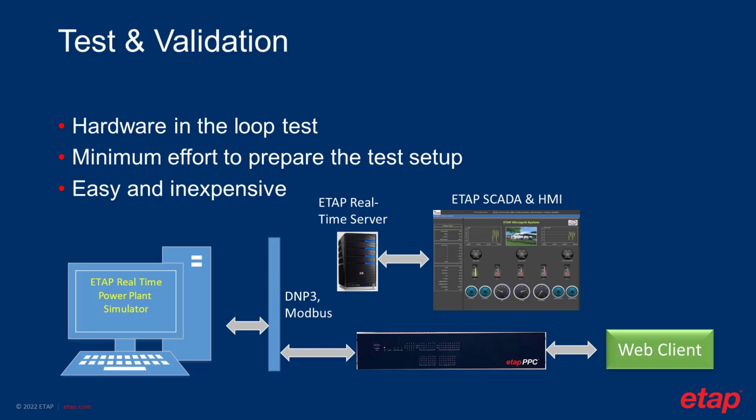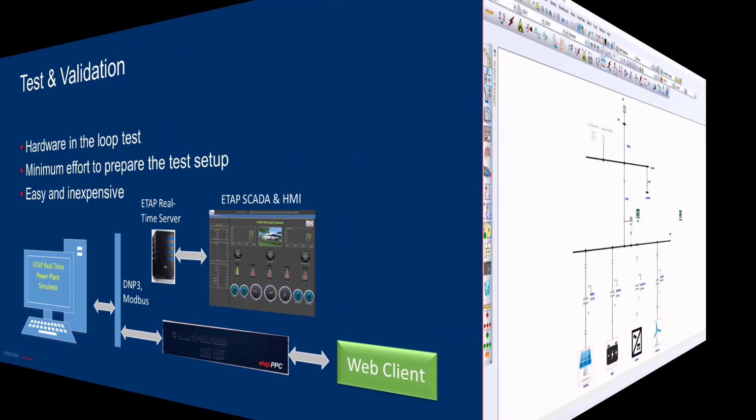And then I'm going to use web client to show the real-time results coming from the simulator. It is very important to note how easy and effective this process is and how much time and resources it will save to test and validate the entire process.